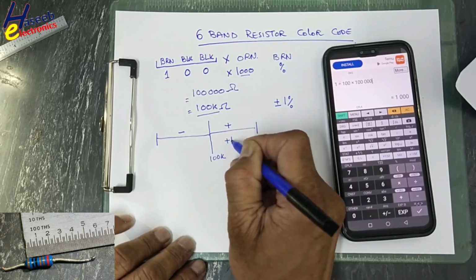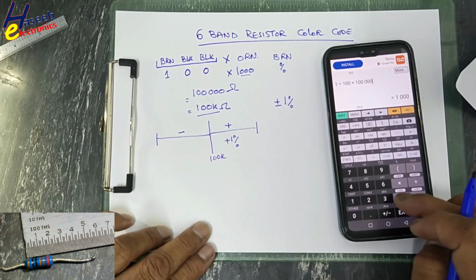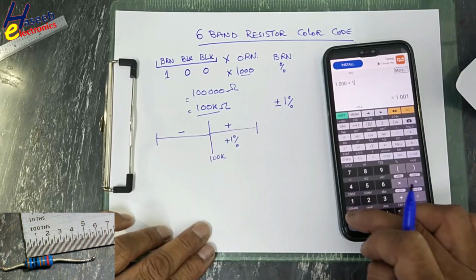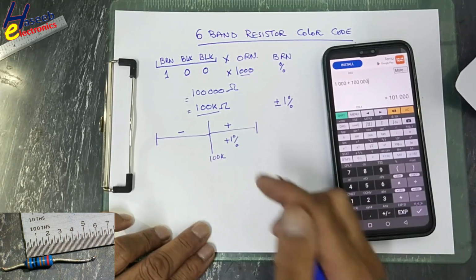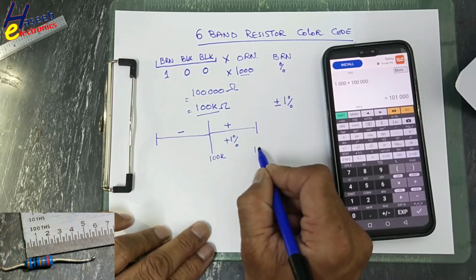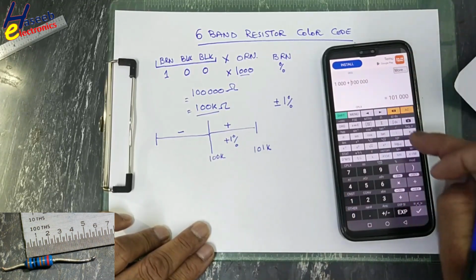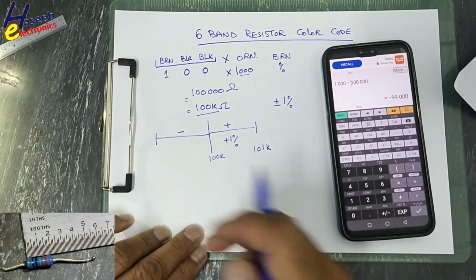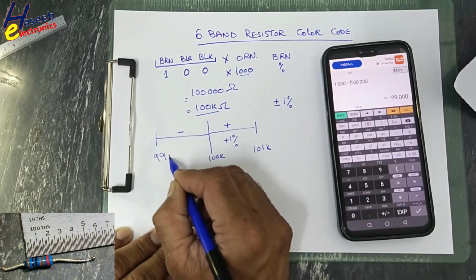If it is plus 1%, 100,000 plus 1000 is 101K, or minus is 99K.